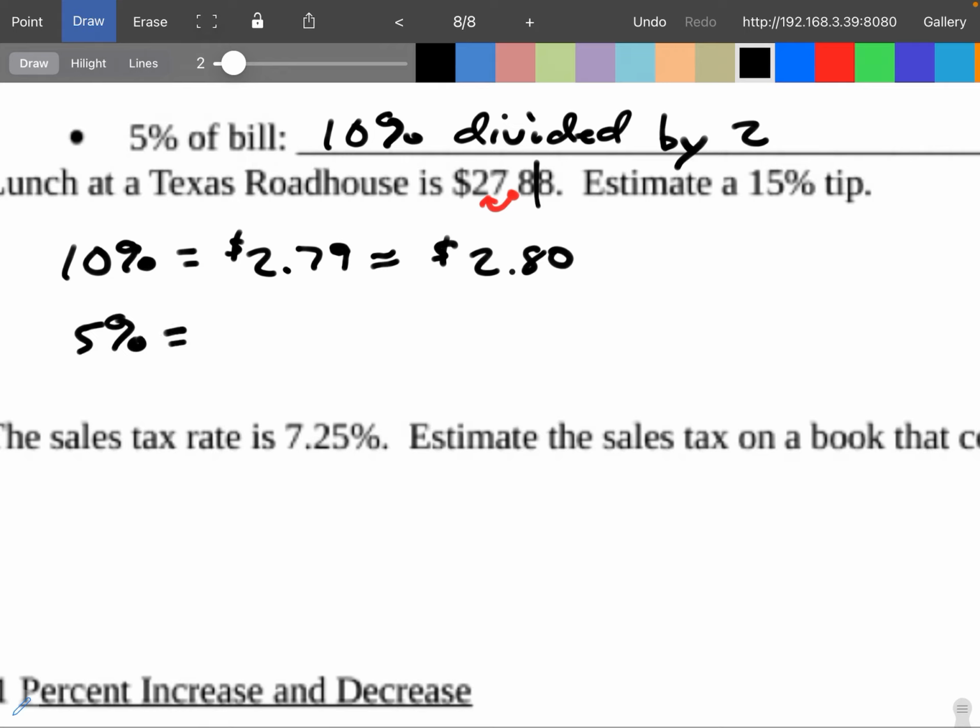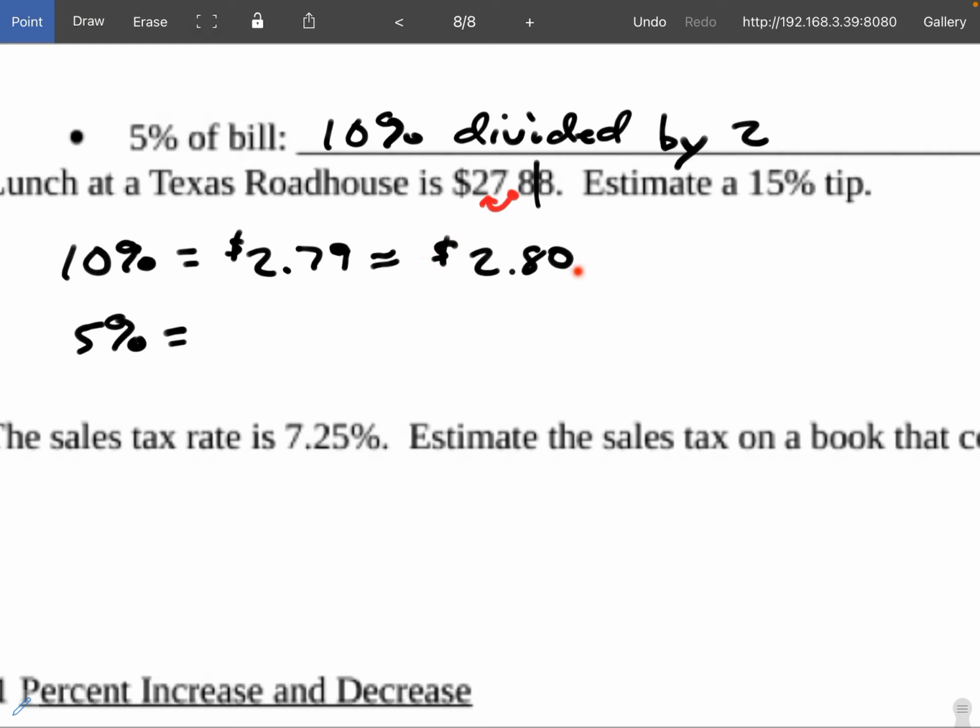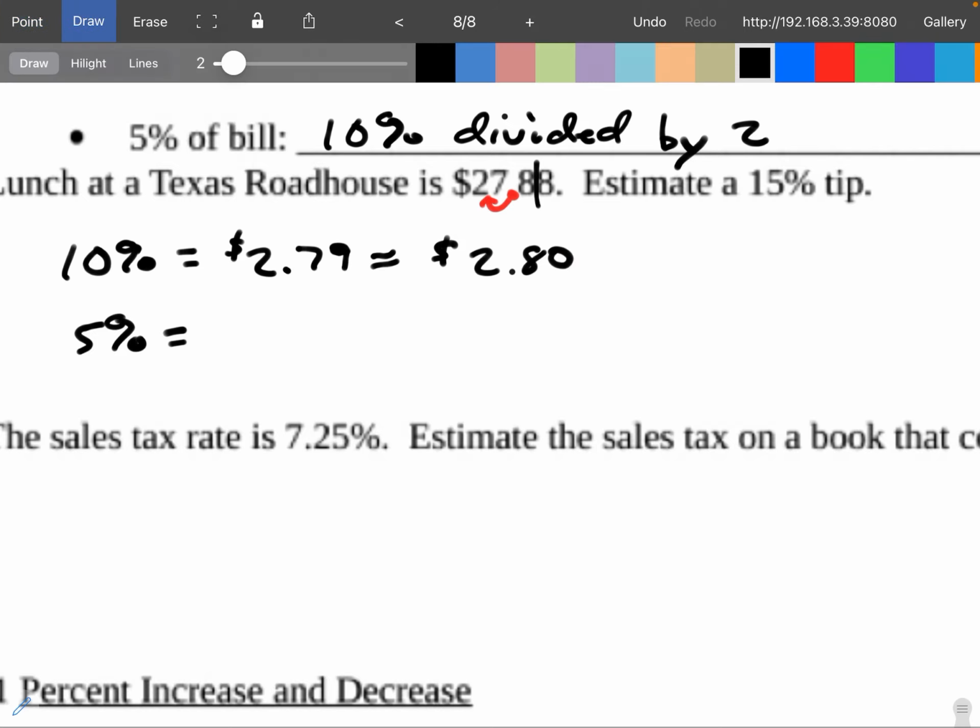Well, then what's 5%? Just take that 10% amount and cut it. So all you're going to do is just take this number right here and divide it by 2. If that's 10% and you want 5%, just divide the $2.80 by 2, which would be $1.40. And then just add those together and you got 15%, right?